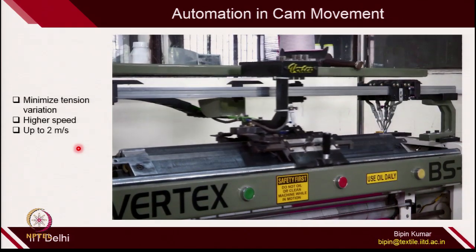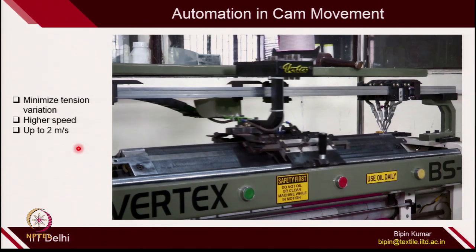So many things can be solved because of this simple advancement. First of all, the carriage movement will always be uniform, so the tension variations will be minimized. Second, because it is motor controlled, you can increase the speed of the motor depending on the requirement, and you can go from slow speed to higher speed. So the production rate can also be manipulated in reality.